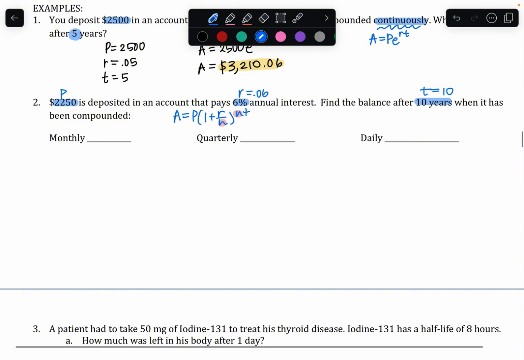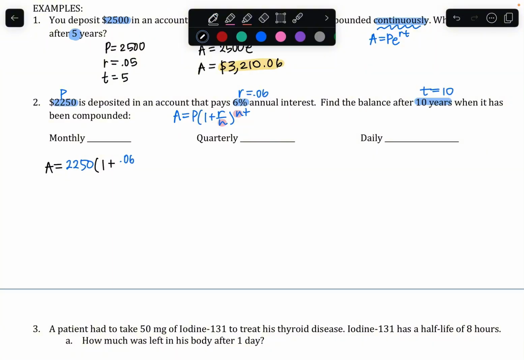Okay, and so when I set up my formula, A equals P times 1 plus r over n to the n, so I'm going to leave a blank because we're going to fill that in each time, n times T, which was 10.